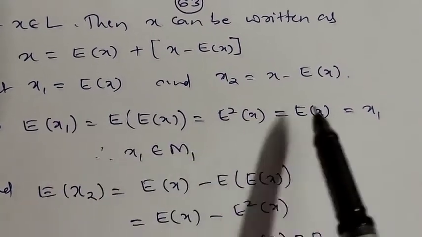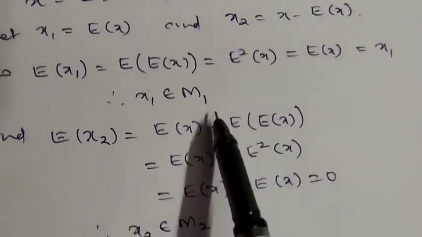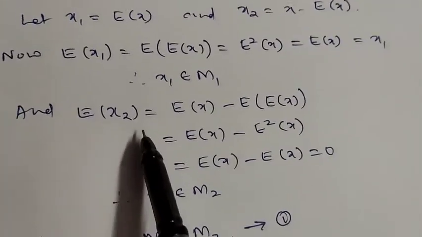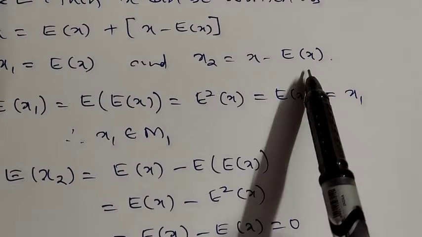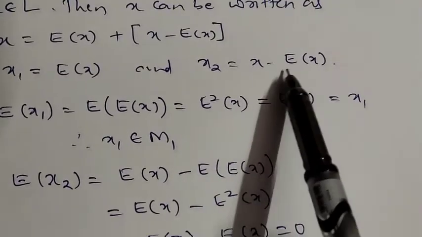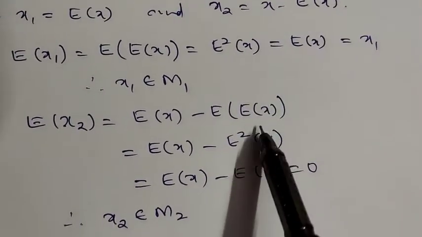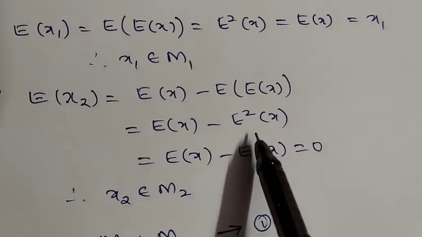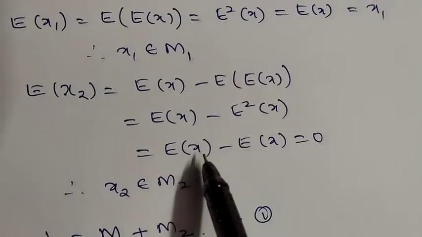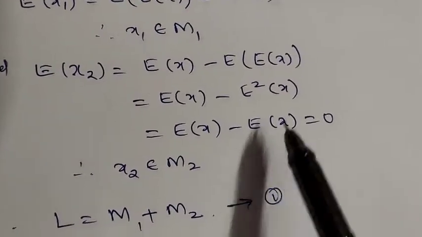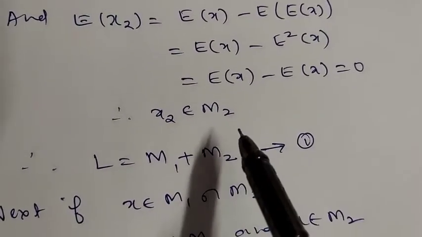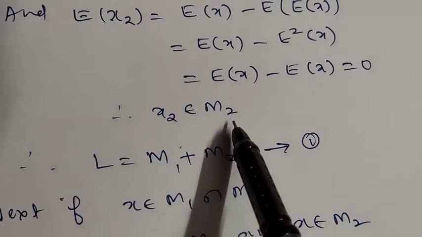And E of x2 can be written as E of x minus E squared of x. But E is idempotent, so this is E of x minus E of x, which is 0. Now E of x2 is 0 means, according to the definition of M2, x2 belongs to M2.